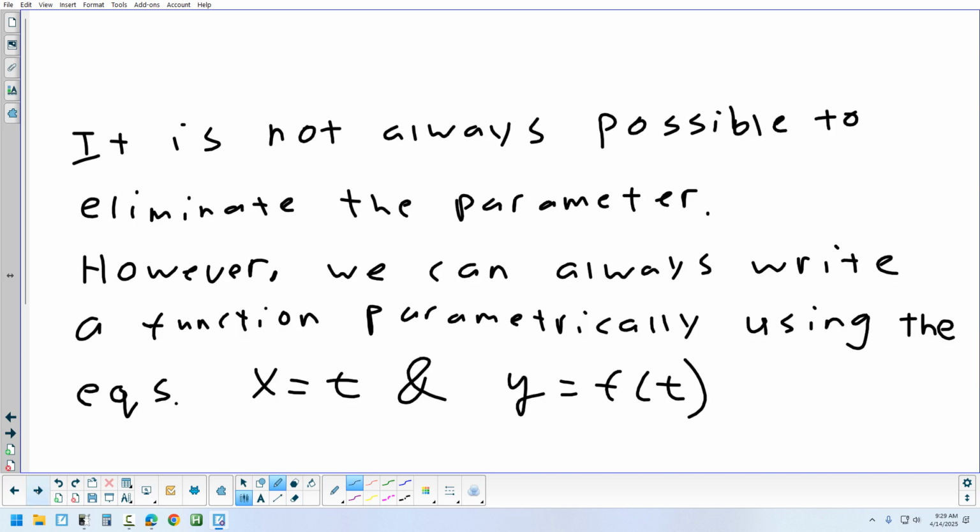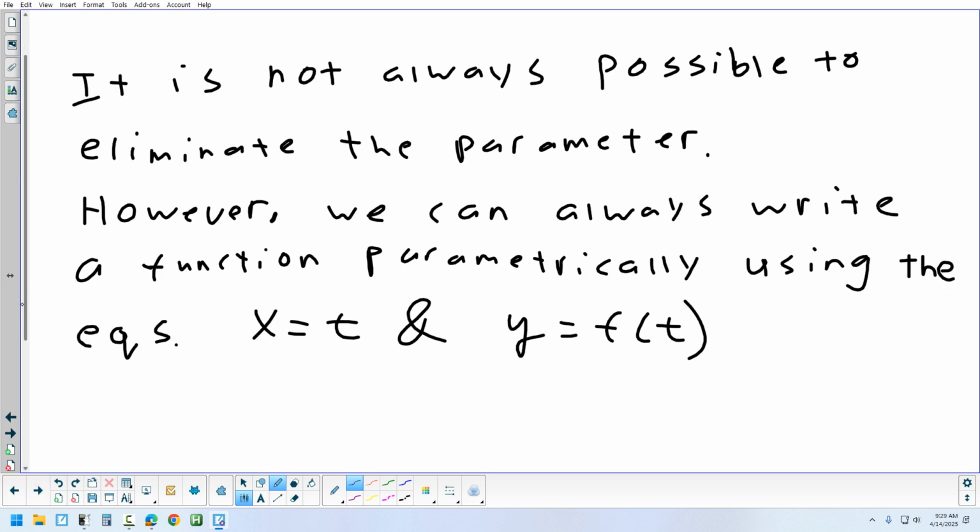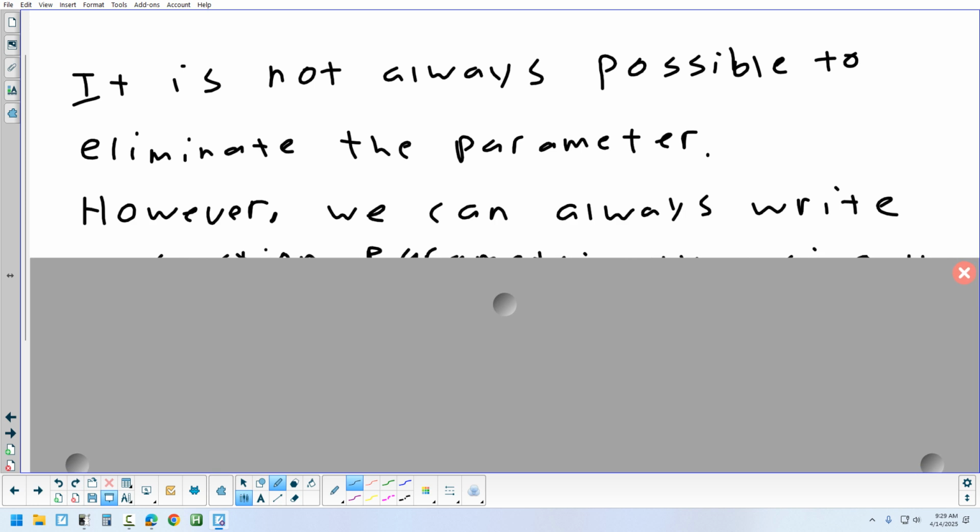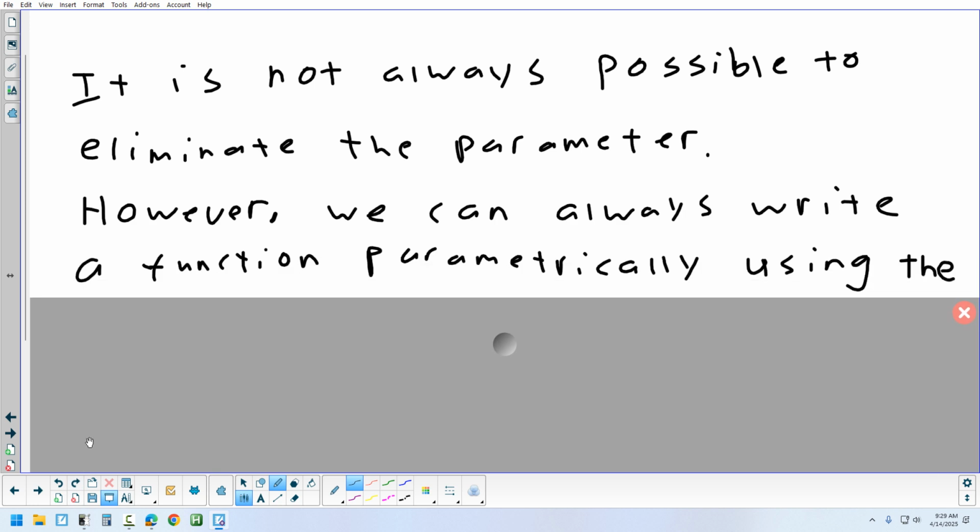Okay. Now, if you can't solve that equation for t, if you can't get t by itself, you are not going to be able to eliminate the parameter. Here's an equation where you cannot solve it and be able to get the t alone.